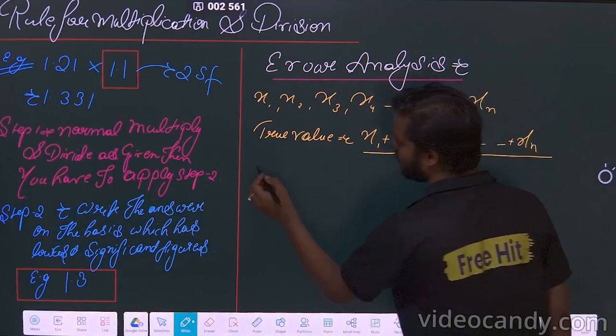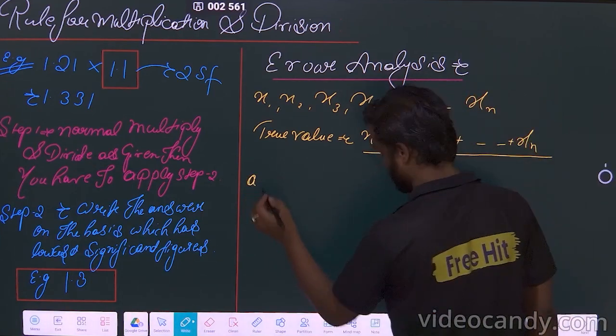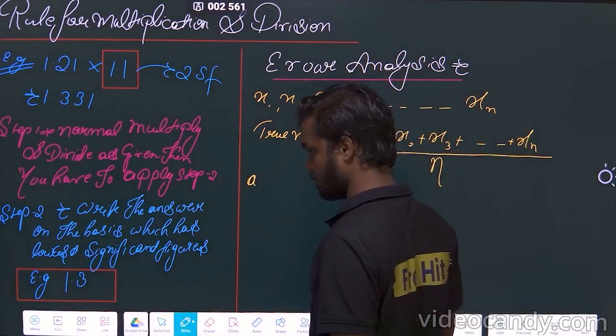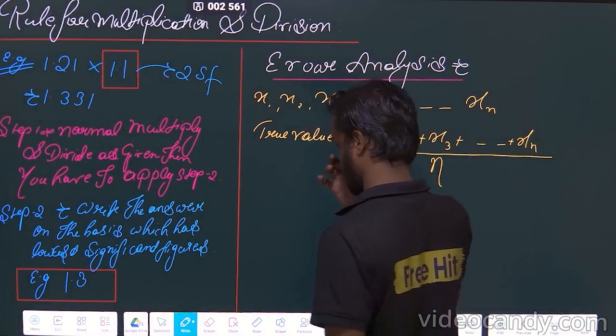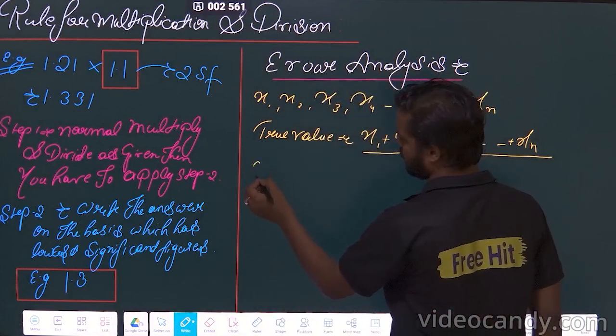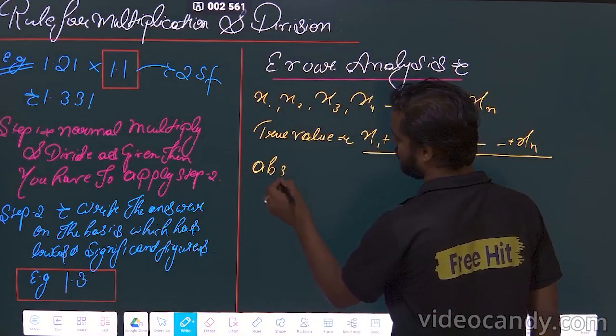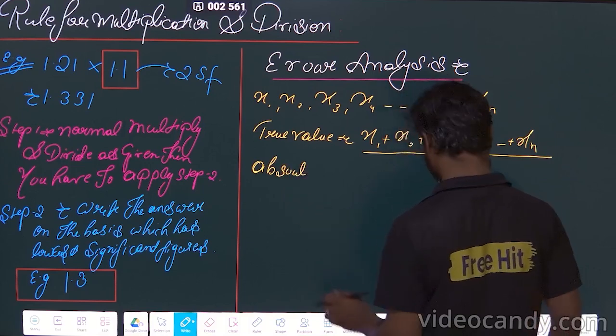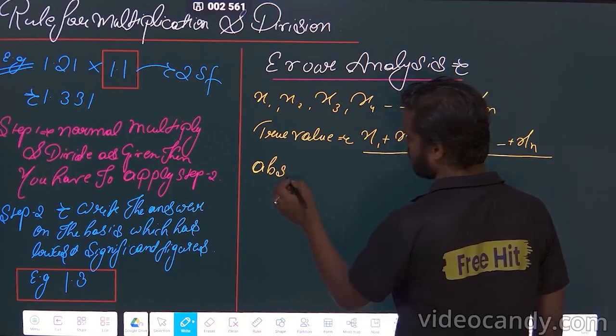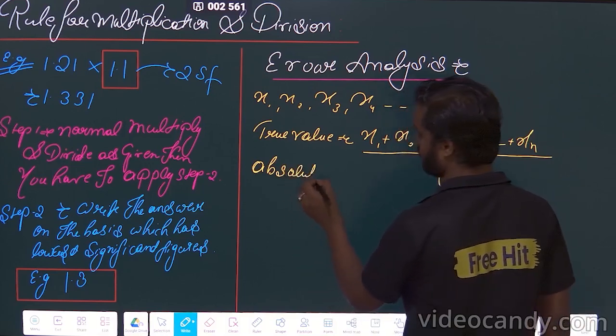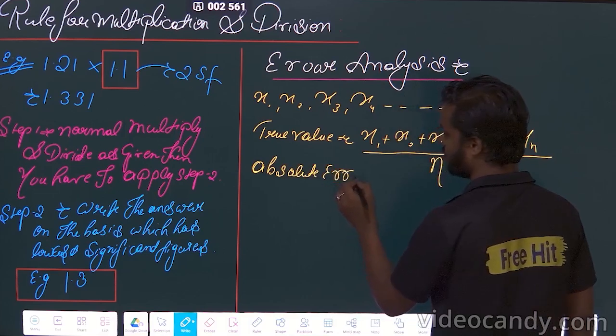Then what will my error be? This is called the absolute error. What is absolute error?